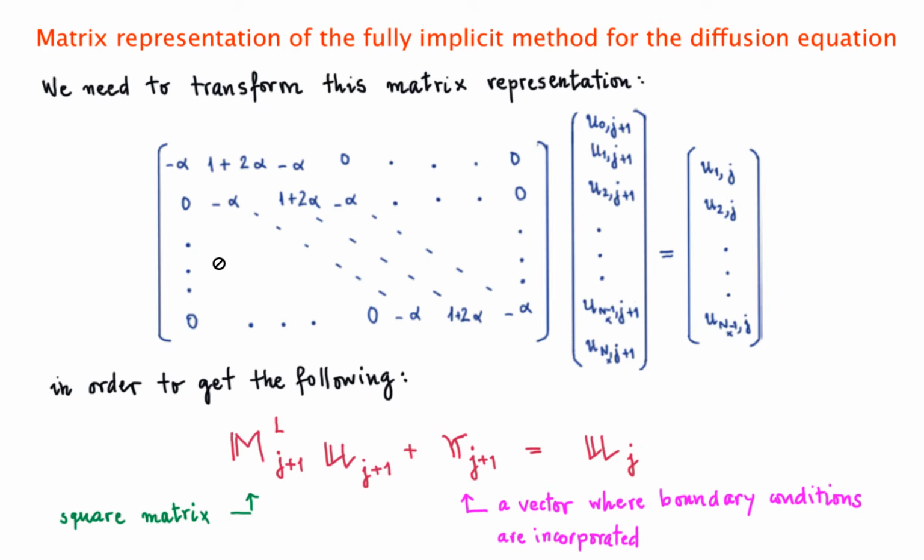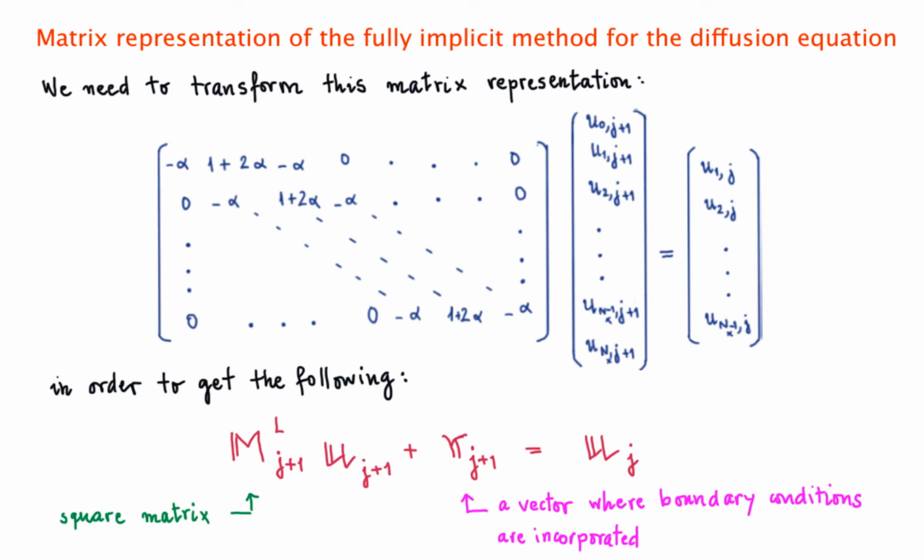So again, what we need to do is transform this matrix representation we have just seen. We are going to bring to the left everything which depends on j plus 1, and put on the right everything which depends on j.